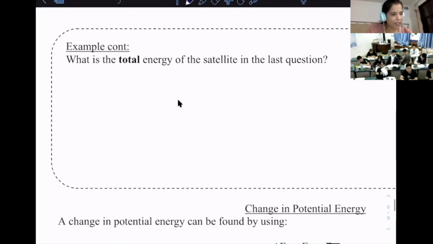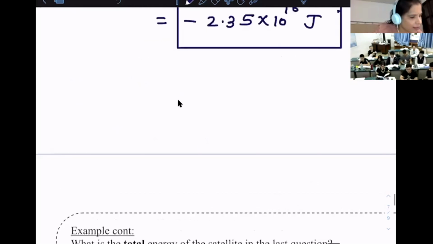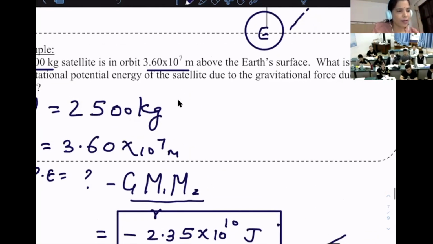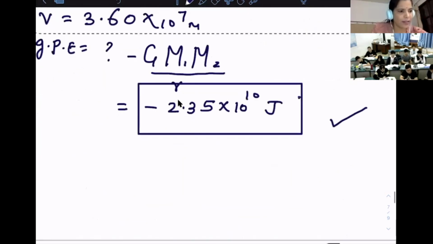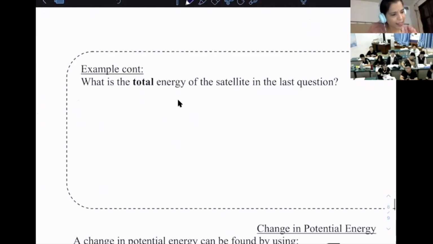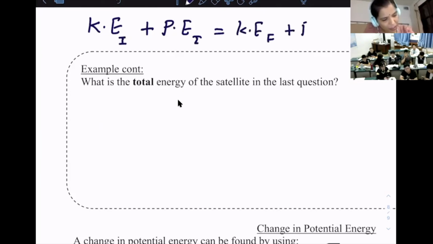So this part is a little bit challenging. What is the total energy of the satellite in this planet? They are asking you the total energy. You remember yesterday we did that kinetic energy plus potential energy initial is equal to the kinetic energy final plus the potential energy final. I told you this is a very important equation.